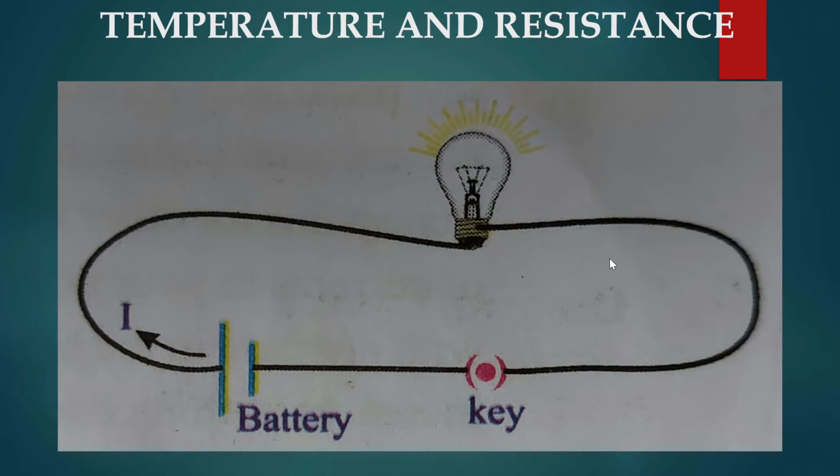Hence we can conclude that there is a relation between the resistance of the bulb and its temperature. The value of resistance of a conductor depends on temperature. There's a direct relationship. When you are increasing the temperature, the resistance is also increasing. When you are decreasing the temperature, the resistance is also decreasing.